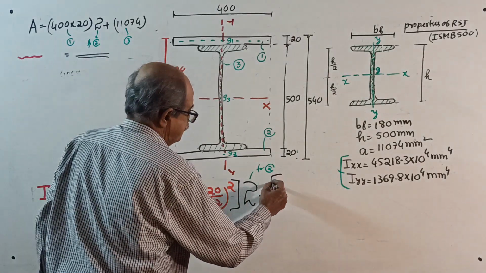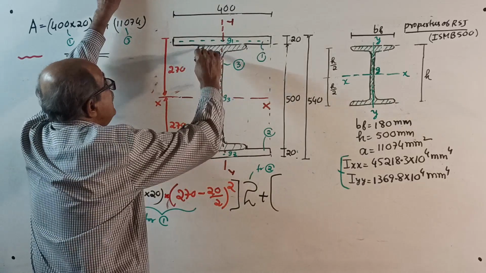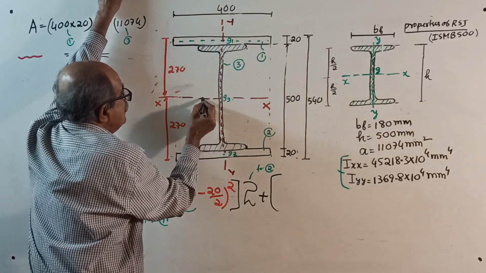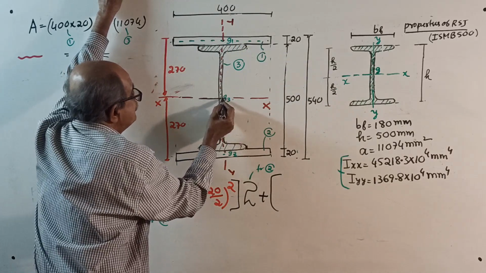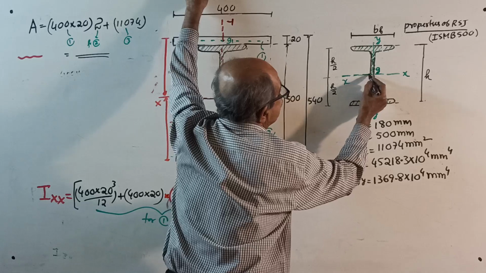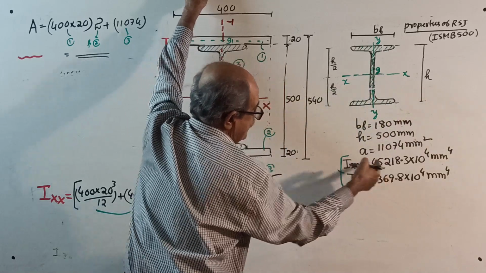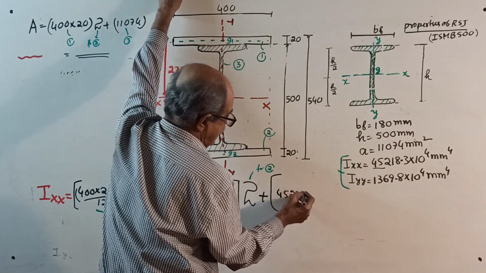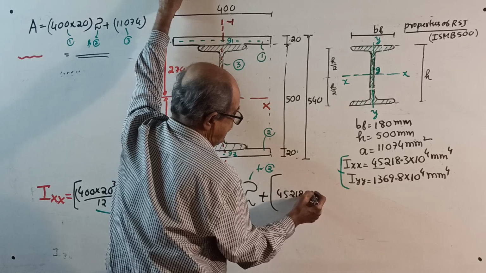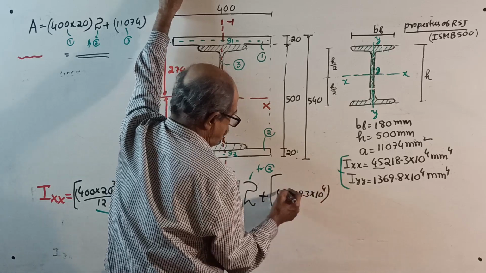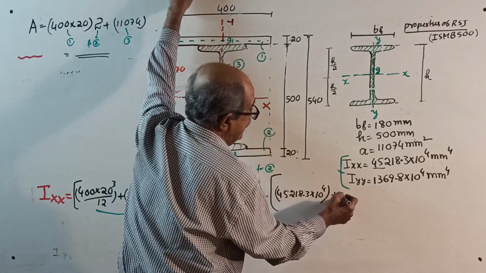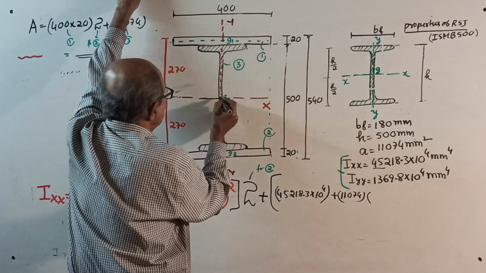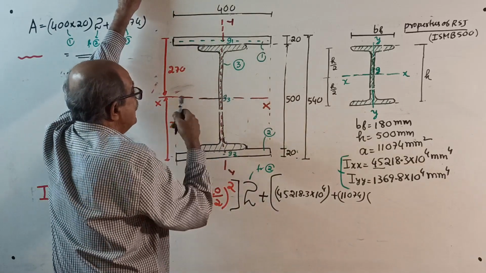Plus I about x-axis for this RSJ. First, about its own centroidal axis, this axis. That I is 45218.3 into 10 to the power 4, Ig, plus area, 11074 is the area, into the distance from centroid G3 to XX.